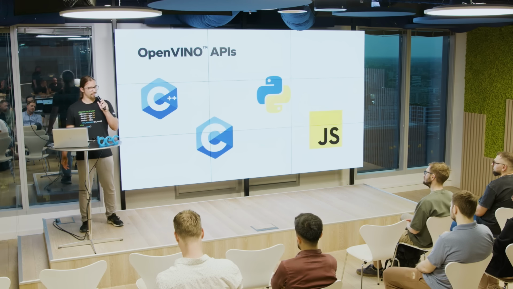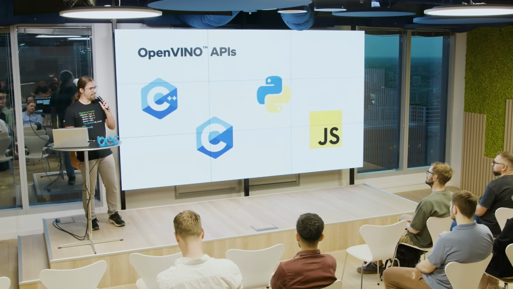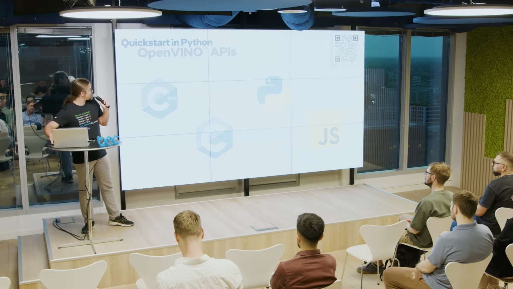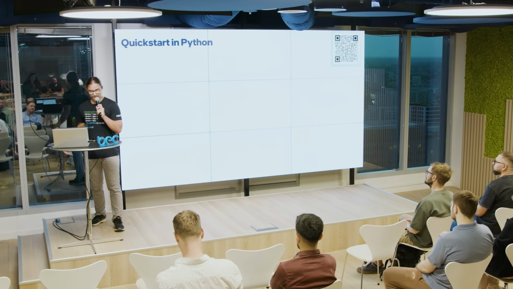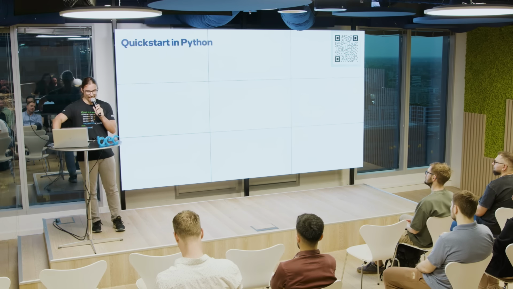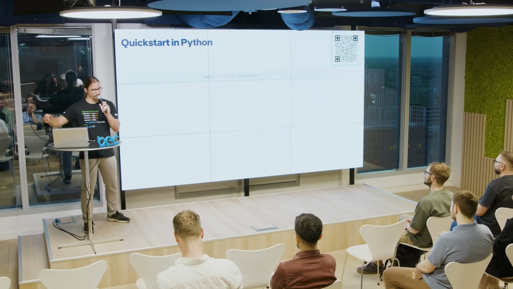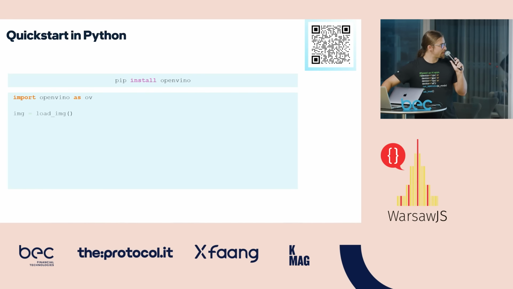Probably Python is the most popular because this is the language of AI and machine learning usually. So I'll introduce you to some basic functions in Python, but don't worry, it will take just a minute. So first, we install OpenVINO just from pip. And later in our project, we need to import OpenVINO.